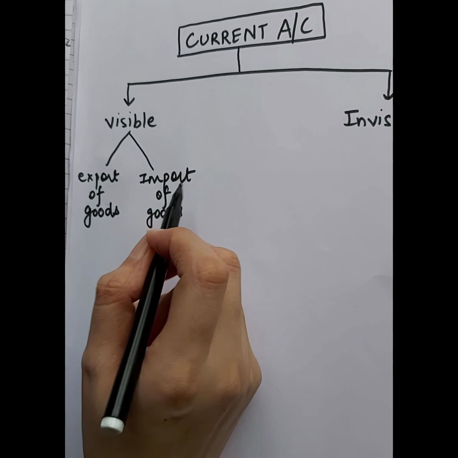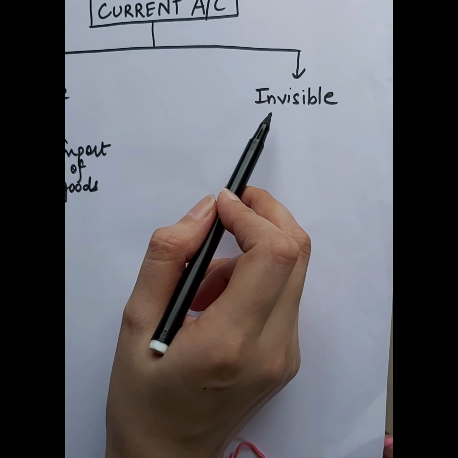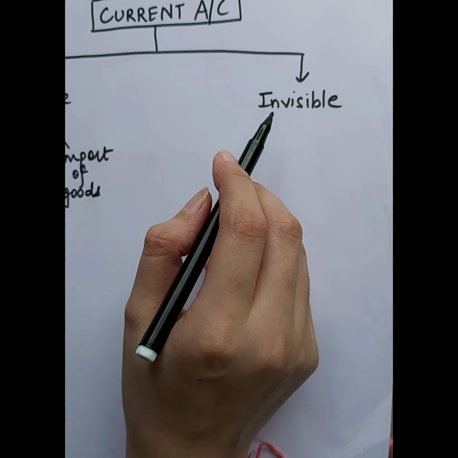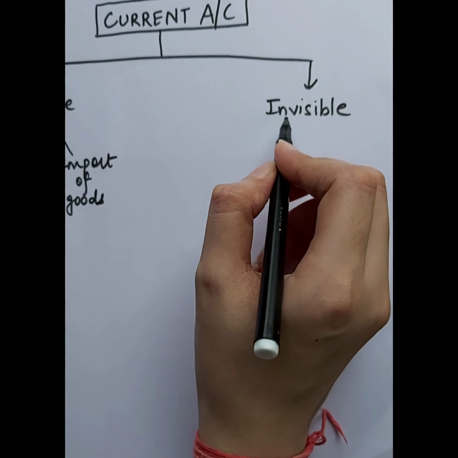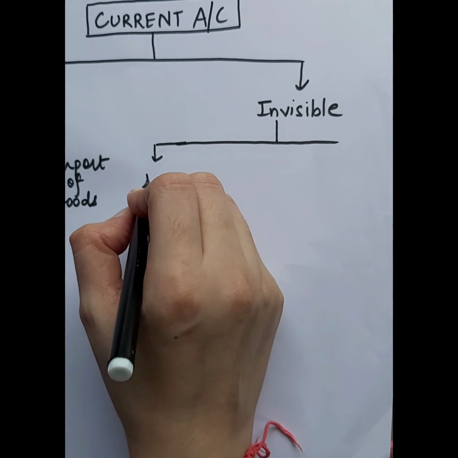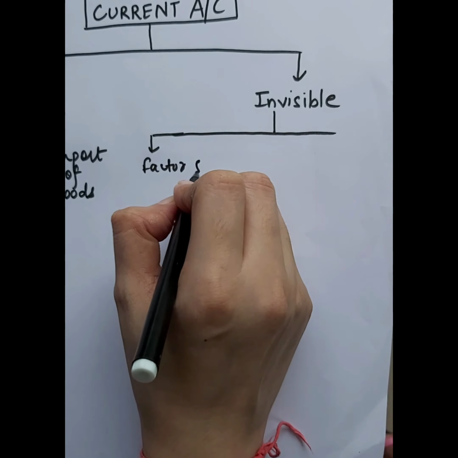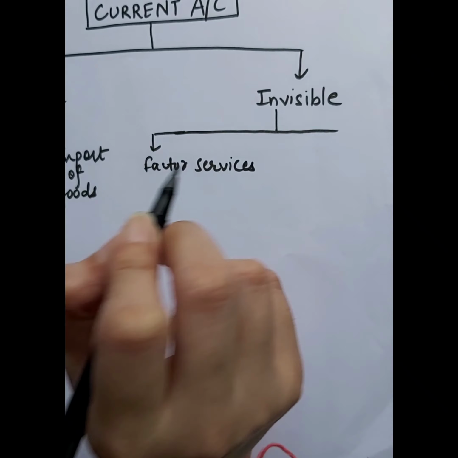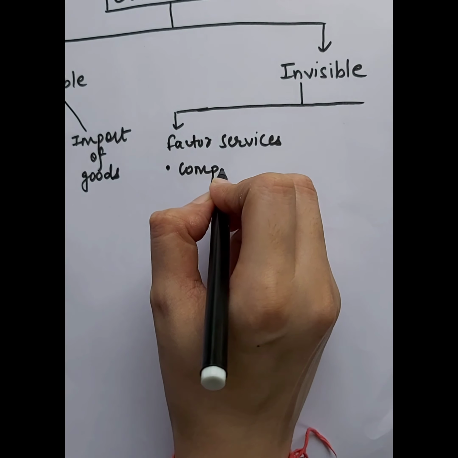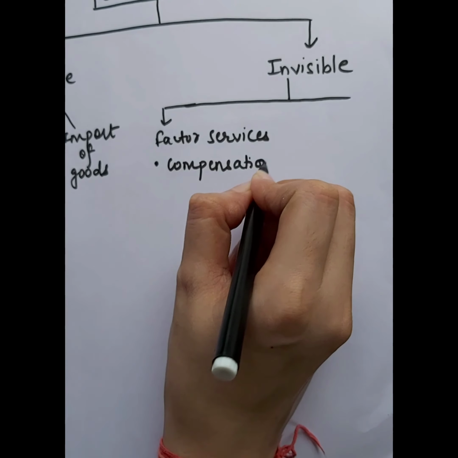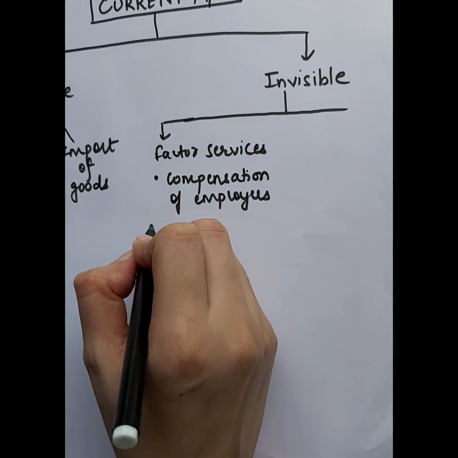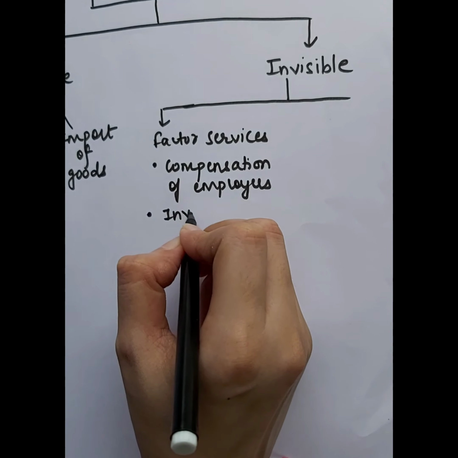Now let us talk about the other component of current account, which is invisible. Let us understand what all comes under the invisible category. The first thing that comes under the invisible category is factor services. In factor services, we have compensation of employees and investment income.